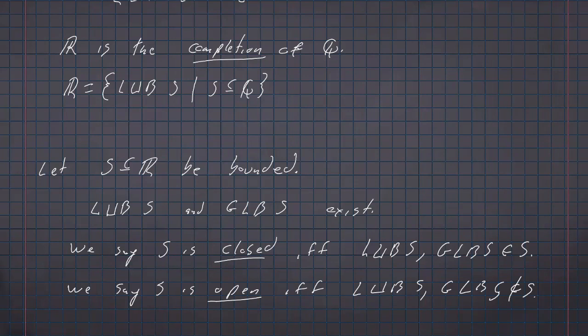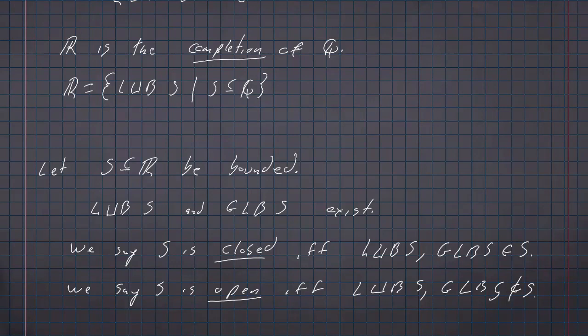And remember back when we were talking about interval notation, we said that a closed interval is one where both endpoints are in the interval. An open interval is one where neither of the endpoints are in the interval. And then you have the mixed intervals where one endpoint is and the other isn't, which is neither open nor closed. This definition is a generalization of that rule. If the extreme endpoints are in the set, we call it a closed set. If they're not, we call it an open set.